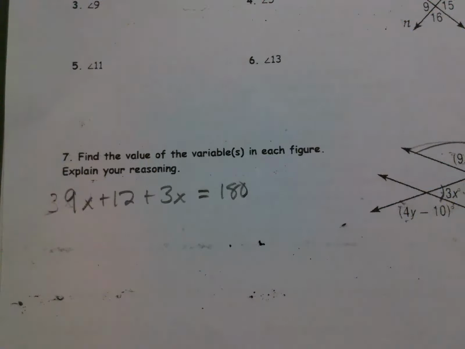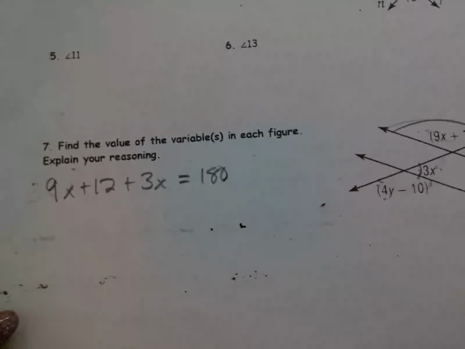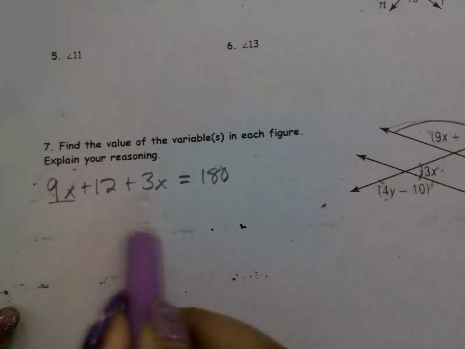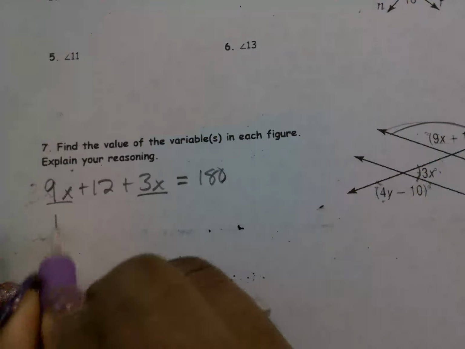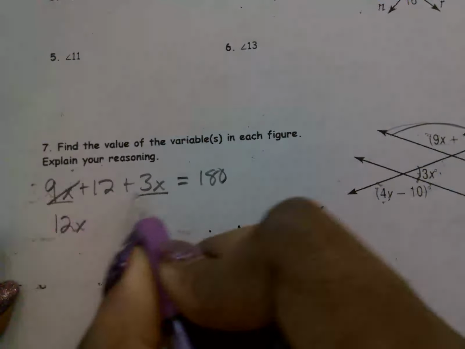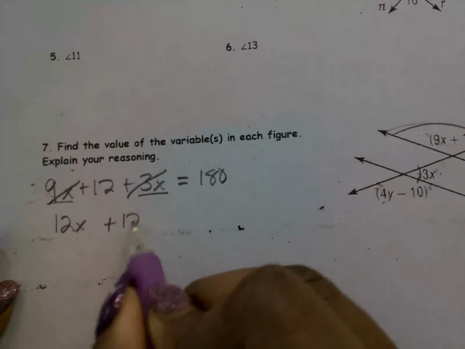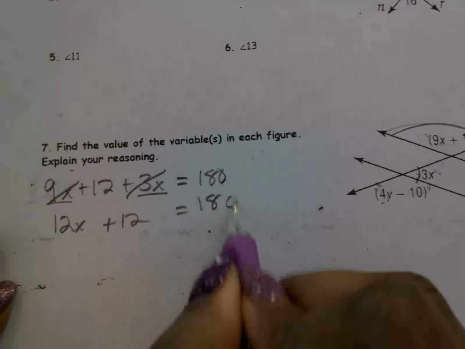Okay? So now let's solve. Combine like terms, that's 3x plus 9x. We got 9, 10, 11, 12. So this is 12x plus 12 is equal to 180.